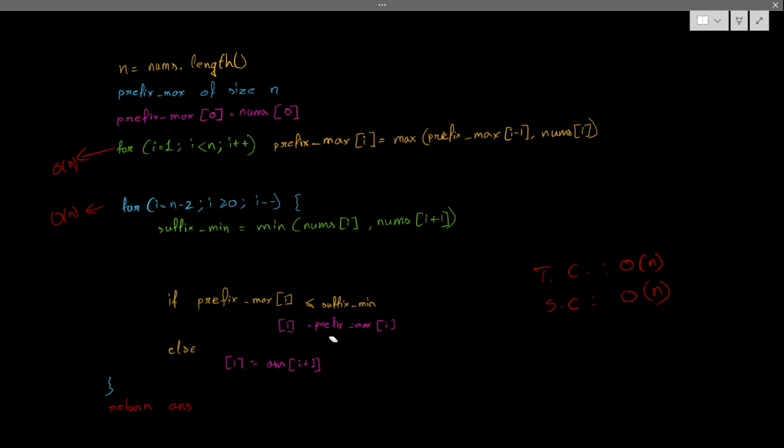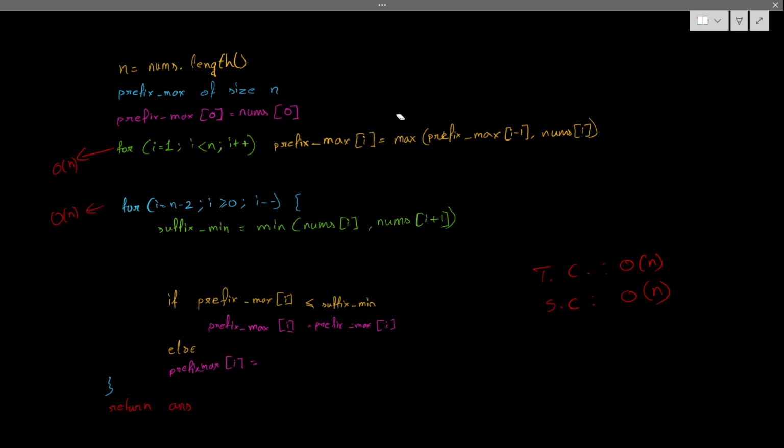It is already the case, prefix max of I. So this is my prefix max of I, and this is also my prefix max of I. So what is the case? What you can notice here is that this should also become prefix max.